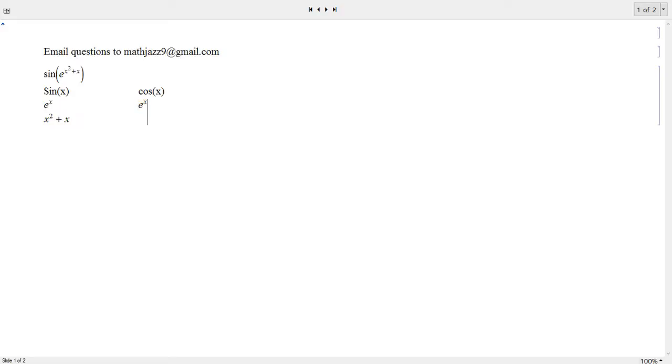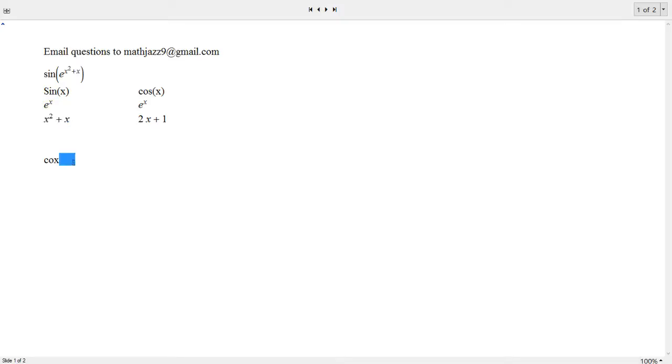And the derivative of x squared plus x is going to be 2x plus 1. The way that we use the chain rule is we take the first function and plug e to the x into it, and then we plug x squared plus x into the e to the x.